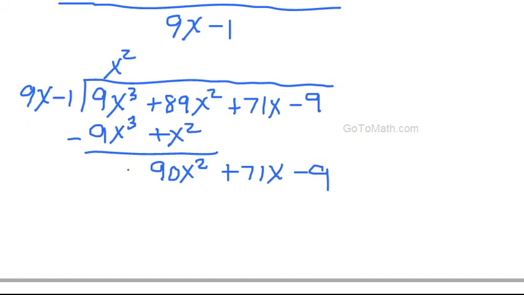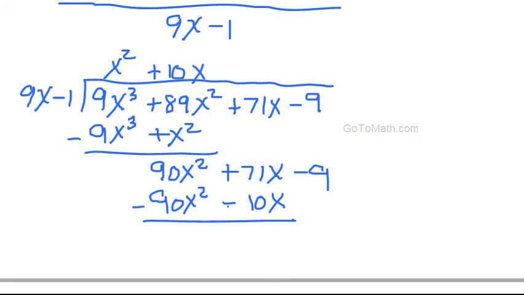Okay, then we have 9x goes into 90x squared, and that's going to be 10x. Okay, 90x squared minus 10x. That a minus, that becomes a plus. So this is 81x, and then minus 9.